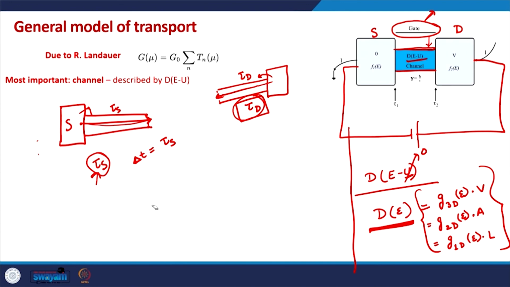Okay. So what it means is delta E times delta t, taking the lower limit of the inequality, is h bar, and if this is tau s, delta E is h bar by tau s.